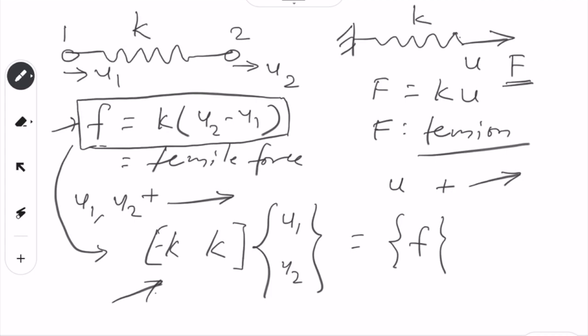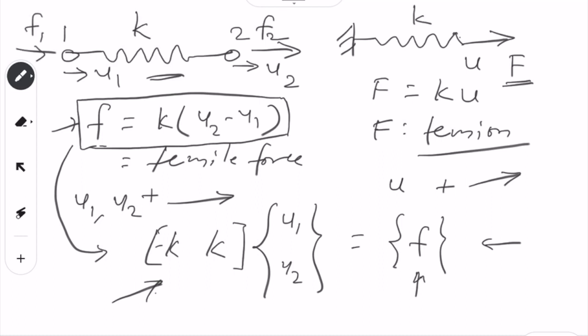Now we want to write these equations a little bit differently. Instead of specifying only one force F, which is a tensile force inside the element, we want to write a force component at node 2 and call it F2, and at node 1 we call it F1.